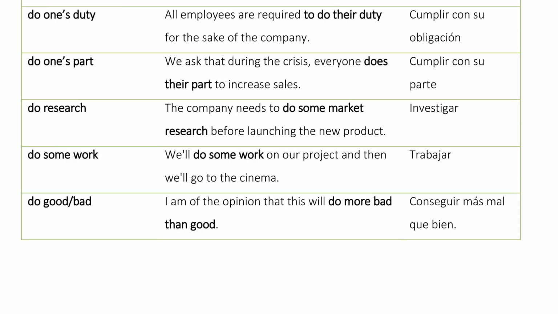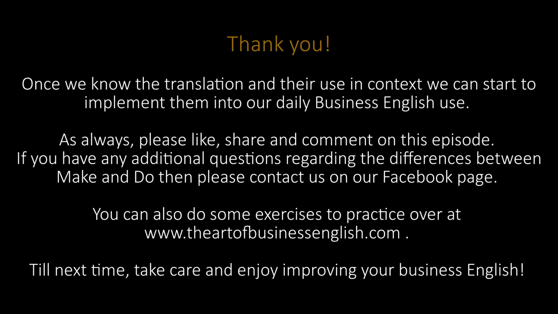Okay, so those are some examples. Again, there are many more, but what you can see is that I have given you the collocation. I've given you an example of it within the context. That's very important. And then the translation. So with the three elements, you should really be able to understand their meaning and start to use them.